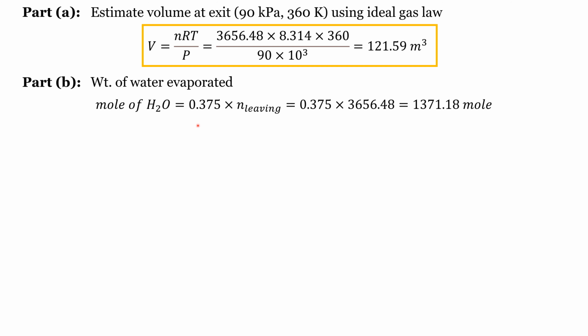In the previous slide, we saw that moles of water vapor was equal to 37.5 percent of N leaving, and we have already estimated the moles of leaving gas. So it will come out as 1371.18 mole. We can also estimate the moles of H2O in this way: the total moles of gas leaving, that is 3656.48, minus total moles of gas entering, and we will get the same result.